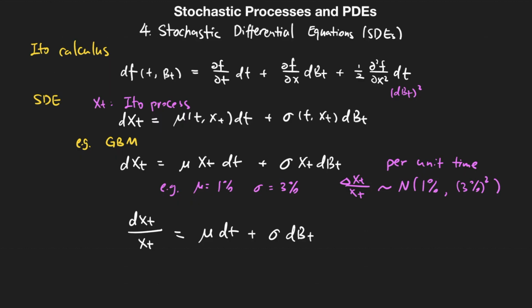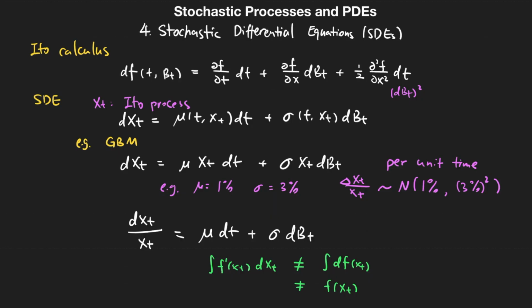In stochastic calculus, the integral of f prime of xt dxt does not equal the integral of df of xt, so it does not equal f of xt. The reason is exactly that Itô calculus has a second order derivative we need to consider.